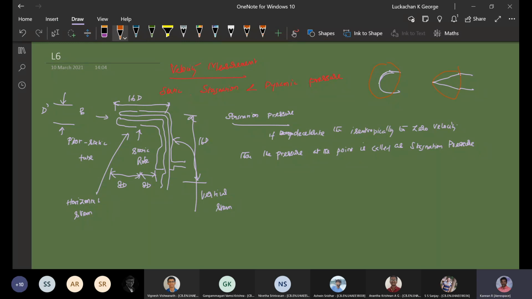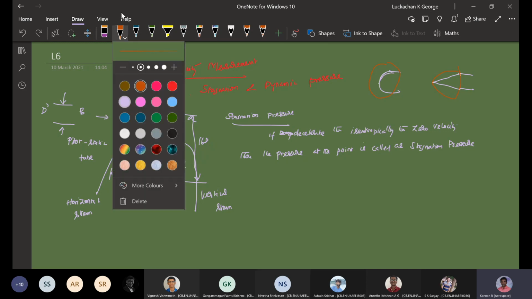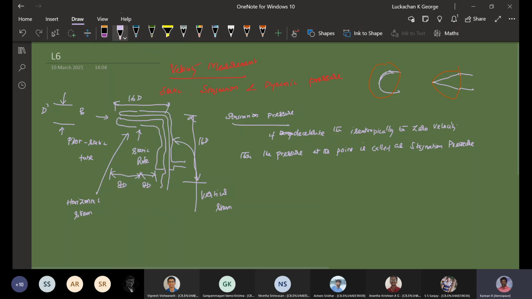But we have to measure the real static pressure here. So they make sure the hole is at 8D, where you can't see flow acceleration, and you measure the true static pressure.